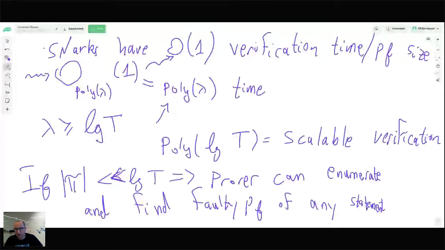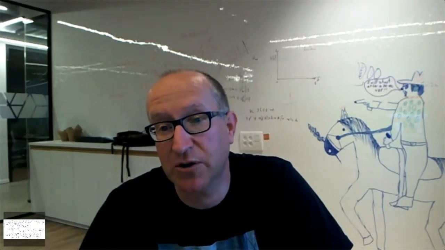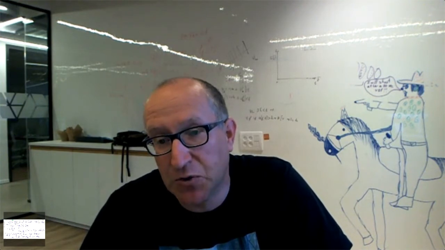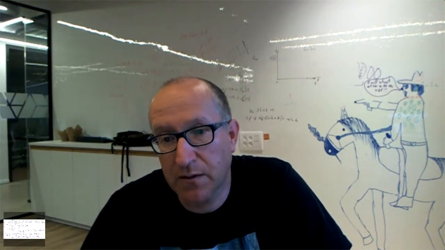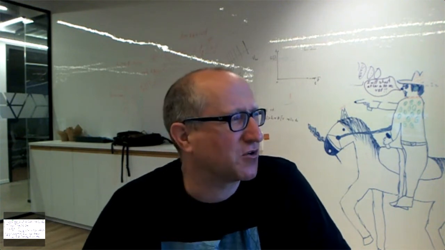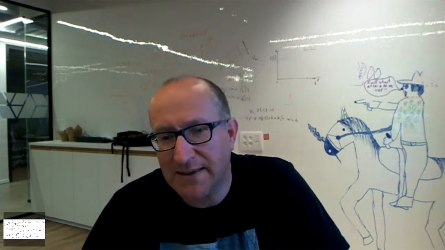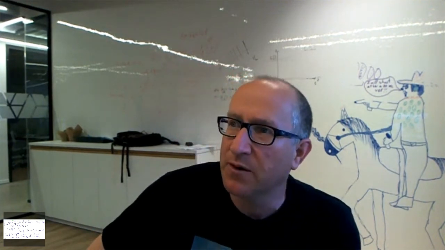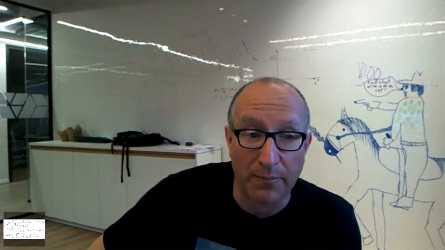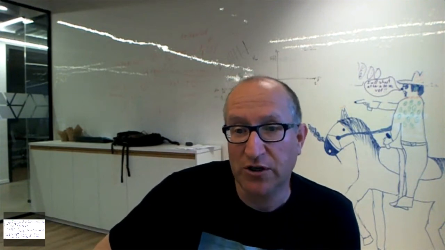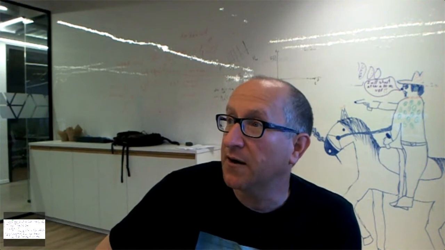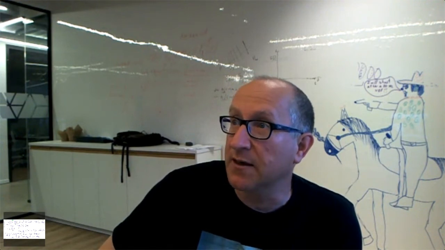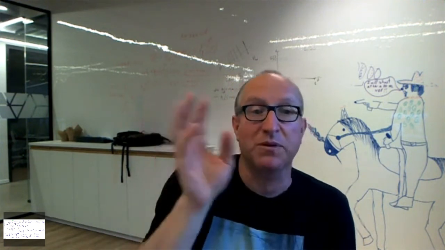Next question. Do Redshift SNARKs from Lagrange polynomial commitment IOPs optimize the trade-offs between trust minimization and performance? I would say that currently, we're just too early in the game to say that anything is optimal. Redshift certainly is a good sweet spot between different things.